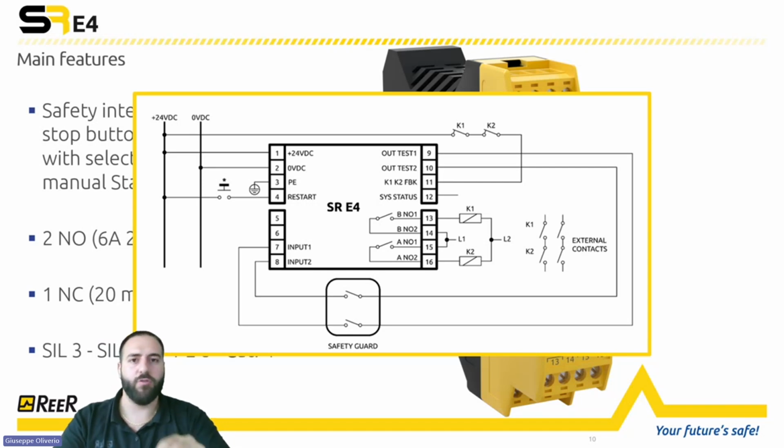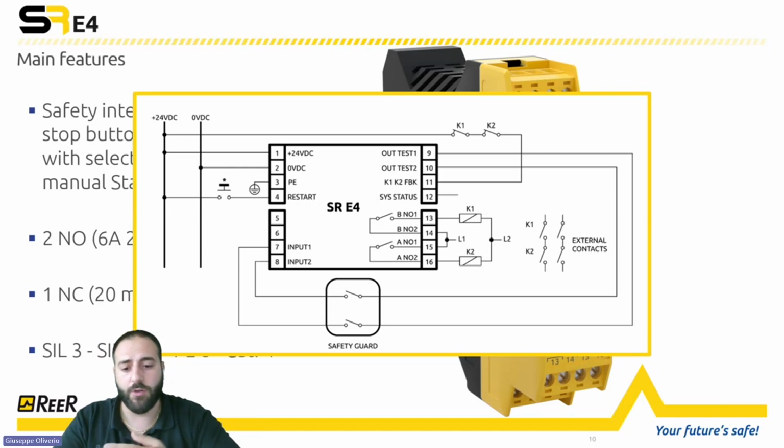So what you have to do is to wire them properly without any particular configuration. So again, once you have to manage the emergency stop or the safety guard from a particular interface without any software, but only through the wiring, you can go with the SRE4.